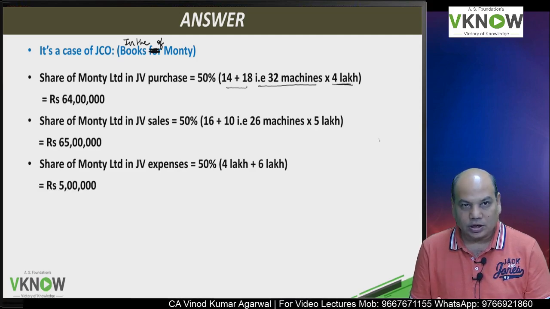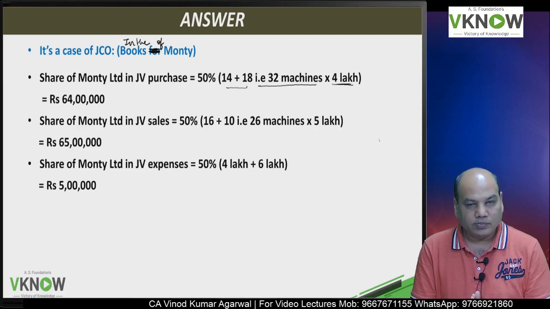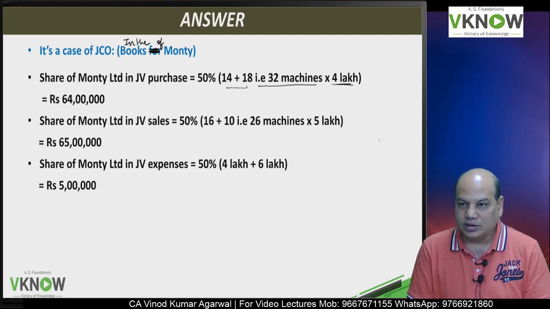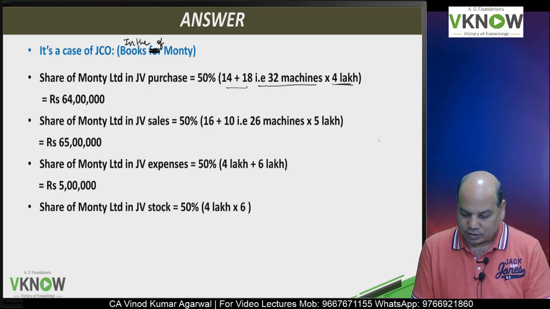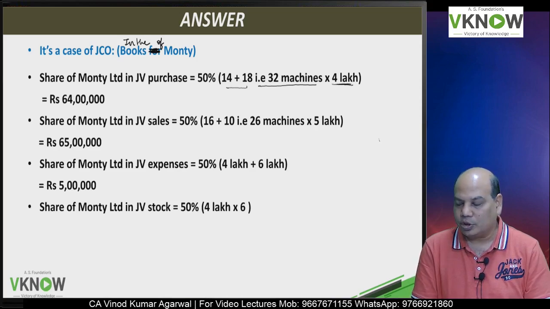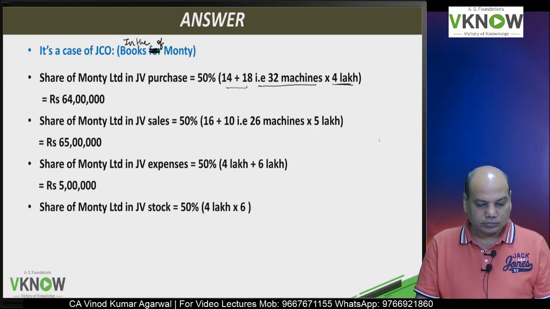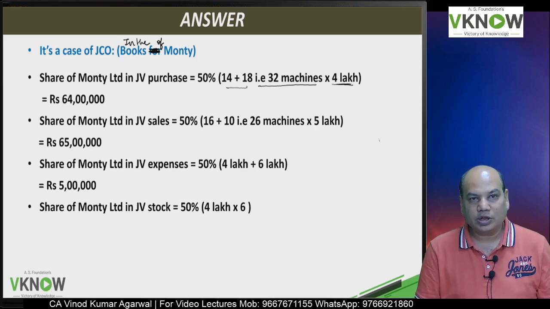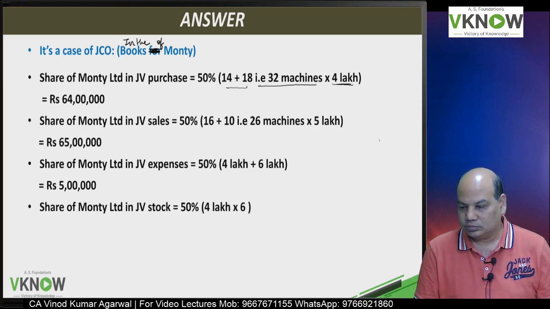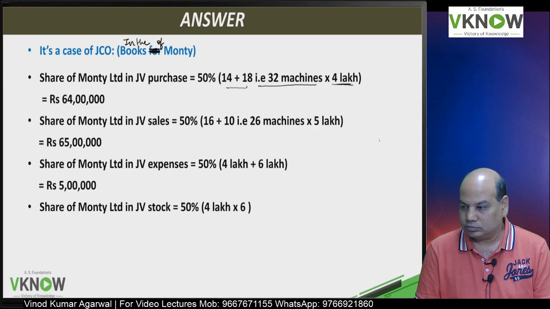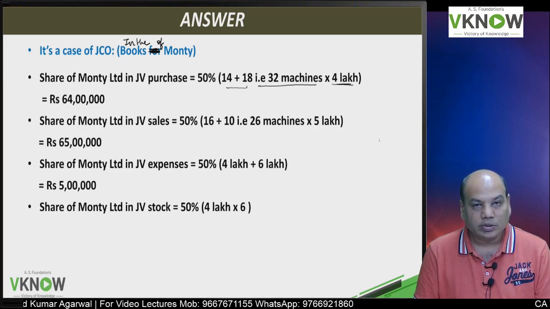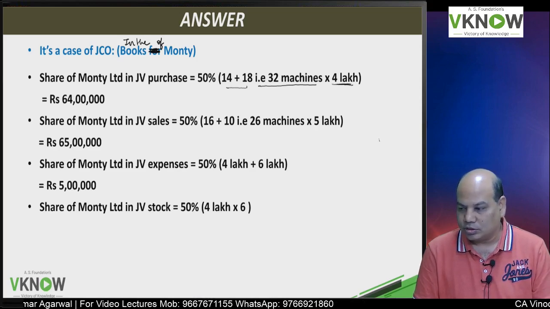Total expense is 10 lakh. Each of them will share 50%. So that is 5 lakh. And one more, share of Monty Limited in joint venture stock.